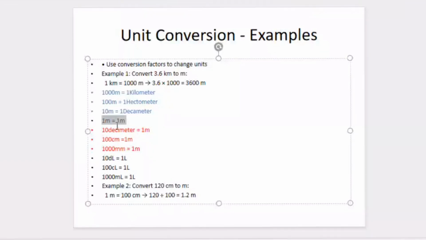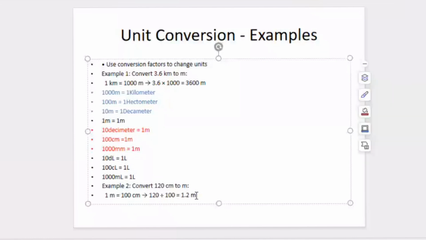It's beneath meter, so it is smaller. You're moving from a smaller unit to a bigger unit, so you divide. You'll be dividing 120 by 100, and that gives you 1.2 meters.